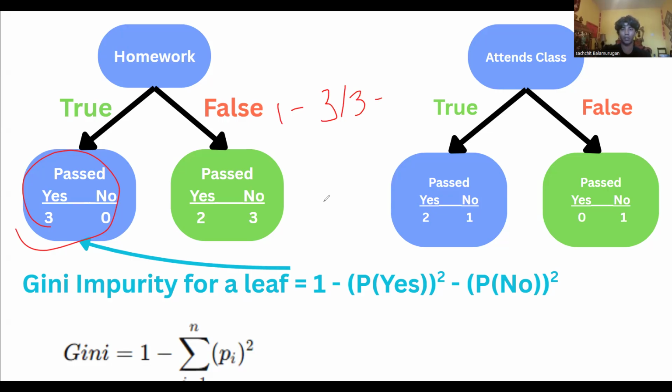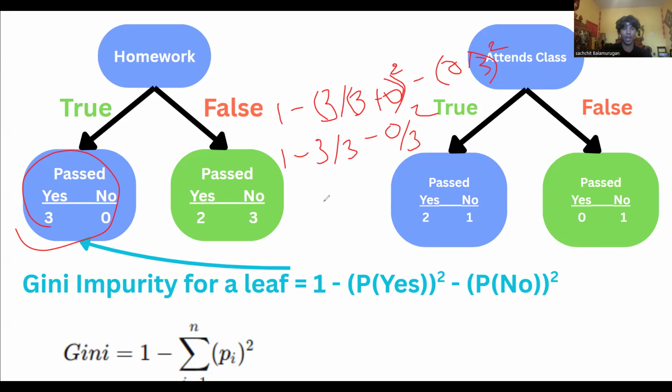So we get 1 minus (3 over 3) squared minus (0 over 3) squared.